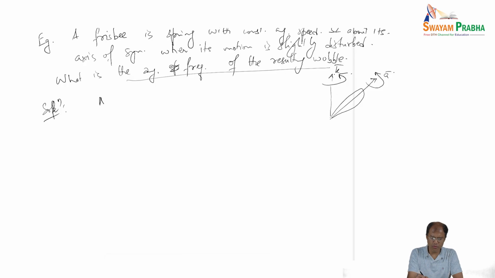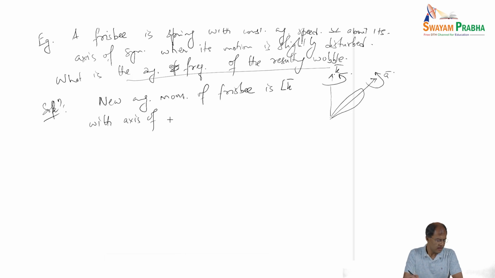So suppose the new angular momentum of the frisbee is L of k, with the axis of symmetry making an angle alpha with the fixed axis, this axis g comma k.